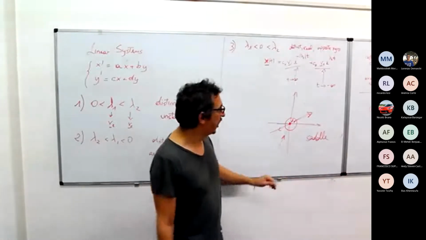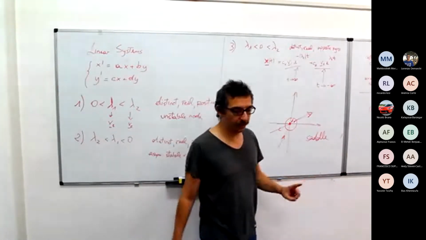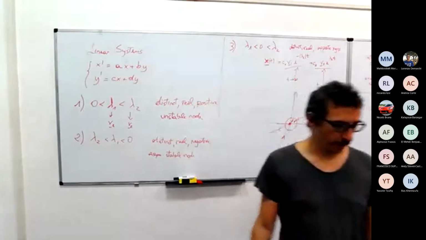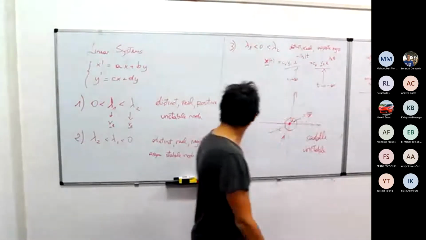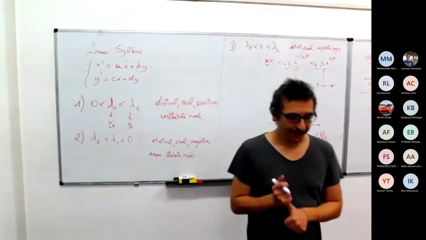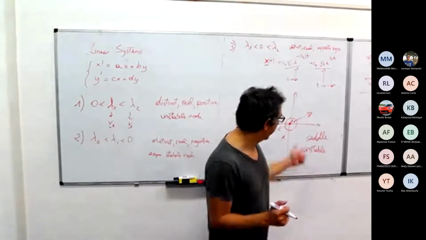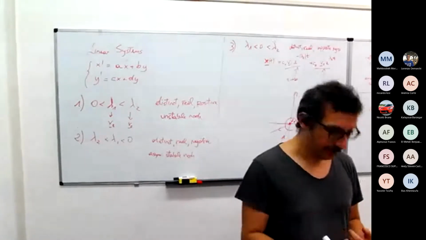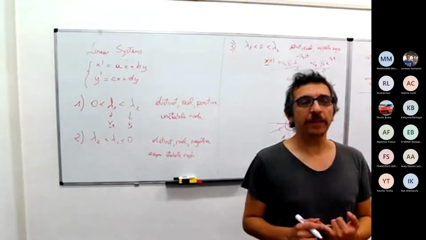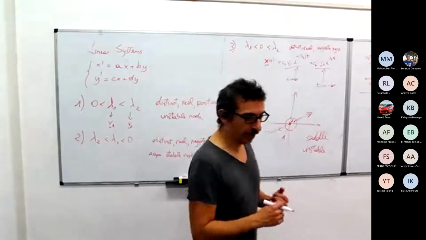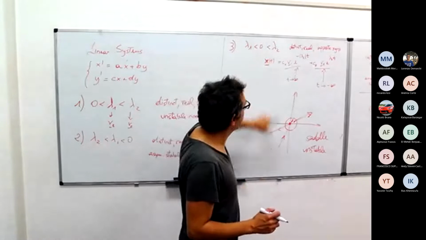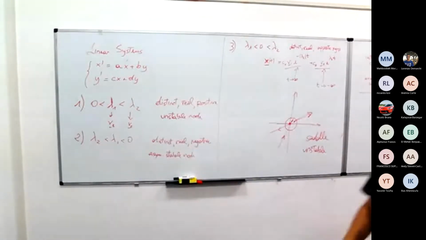So this is enough for saying that this critical point is not stable, it is unstable. Saddles are always unstable. So remember that centers are stable. Saddles are unstable. Nodes can be both stable or unstable. And spirals can be both stable or unstable. All right, in any case, this point here is an unstable saddle.